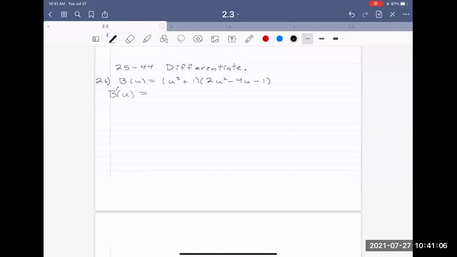So I'll just use the product rule. Derivative of the first times the second plus the first times the derivative of the second. And you are done.